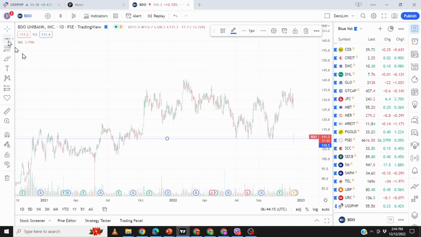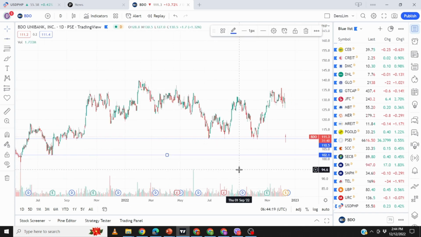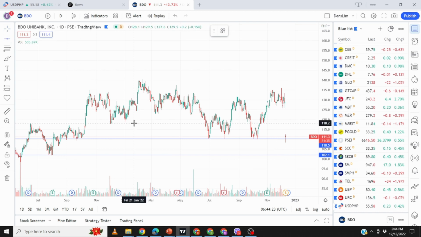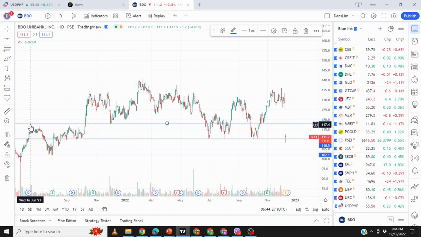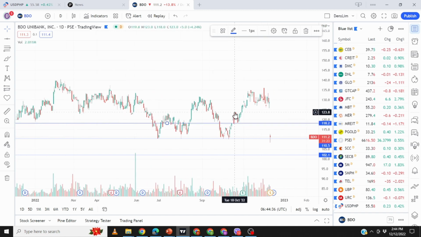The next support here, again, we can draw a horizontal line, is 102, right? So here, where's the next resistance here? It's around this level. See how many times the price touches that line all throughout the year, right? So it broke resistance here, went to support, and then went back up.